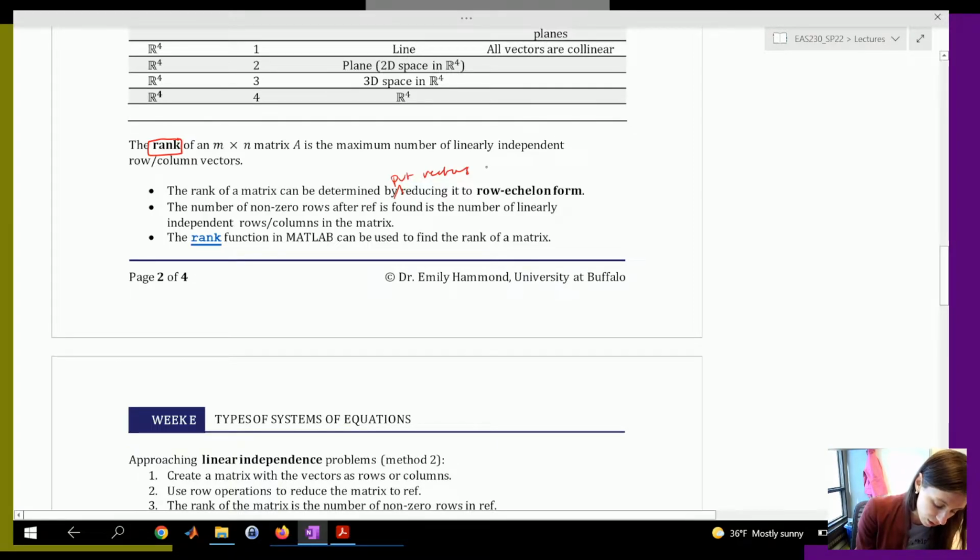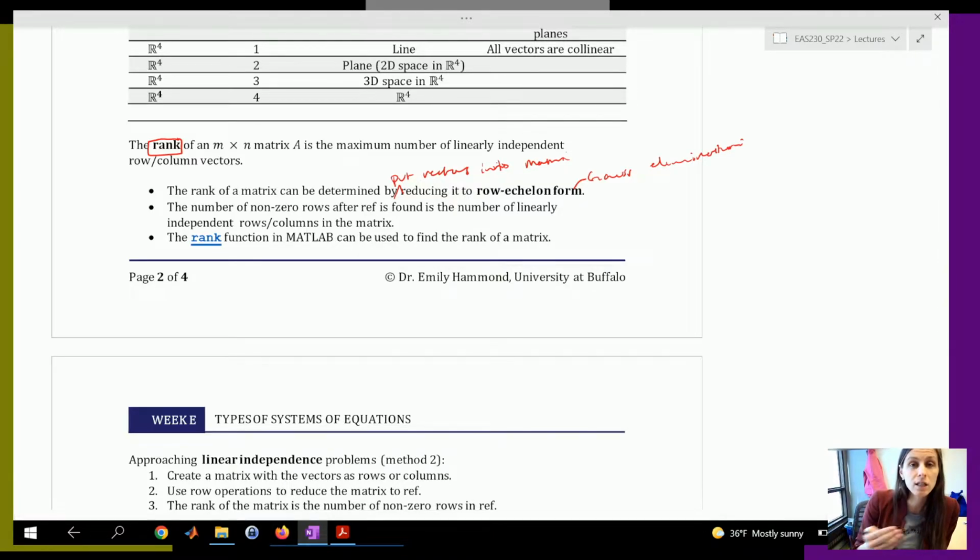Put the vectors into a matrix and reduce it to row echelon form. This is essentially Gauss elimination. The number of non-zero rows after REF is found is the number of linearly independent rows or columns in the matrix.